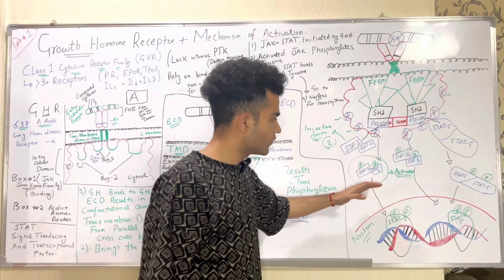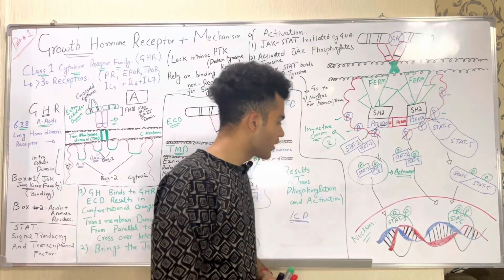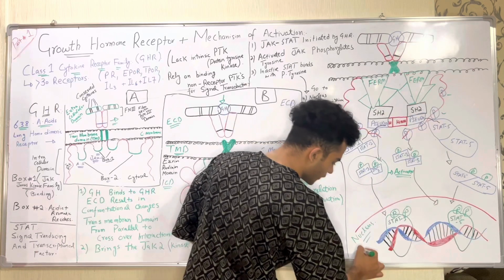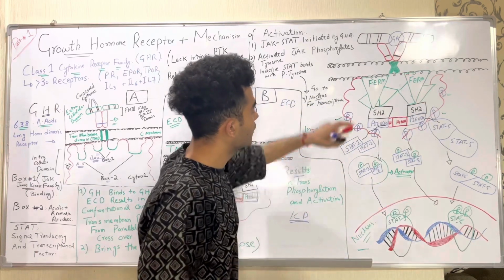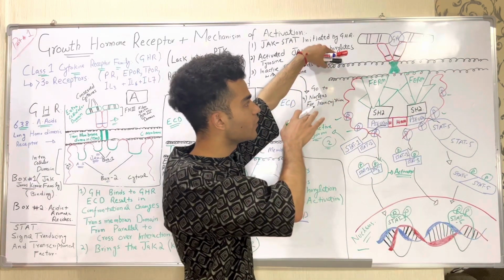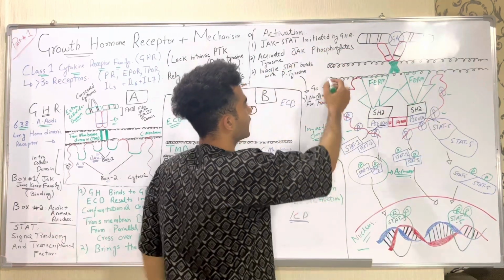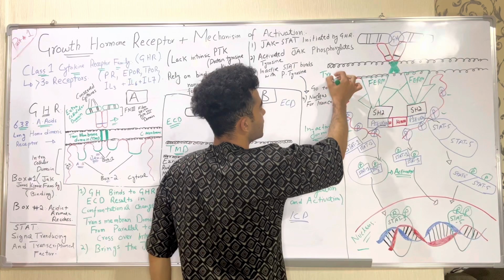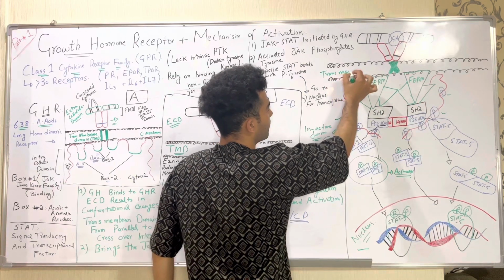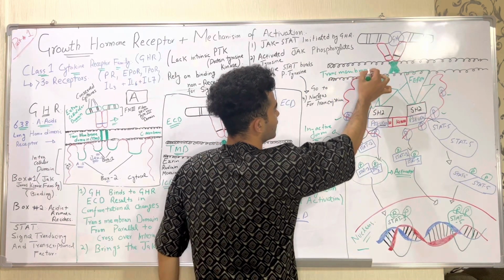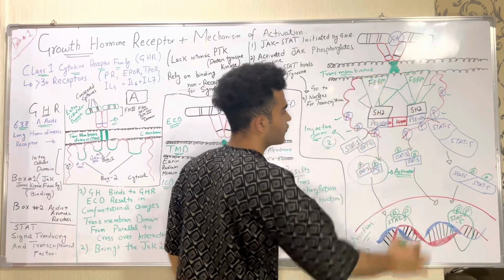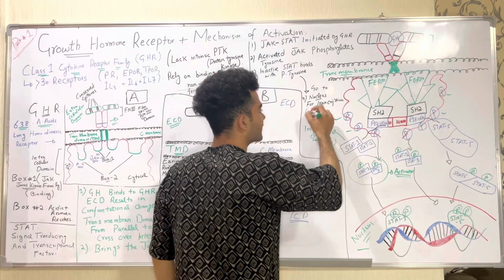This STAT3, STAT5 will go down and come inside the nucleus. Remember, this one is the extracellular part, outside the cell. Then this part was the transmembrane domain, meaning the part where we have the cell membrane or plasma membrane, and this was the cytosol.